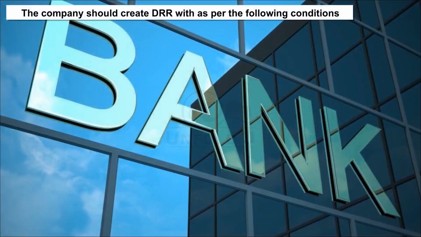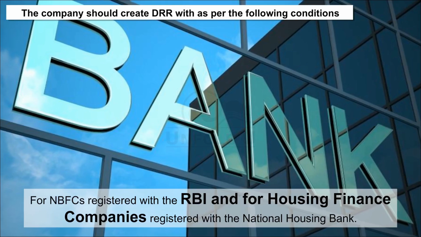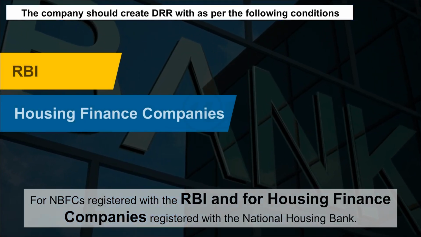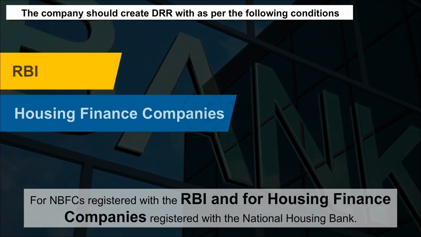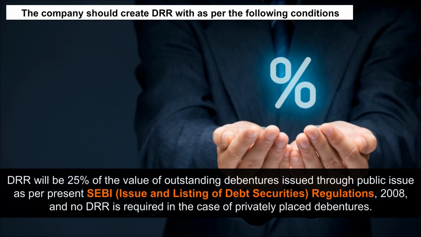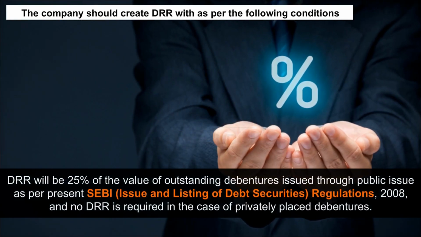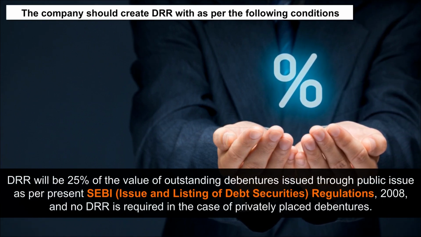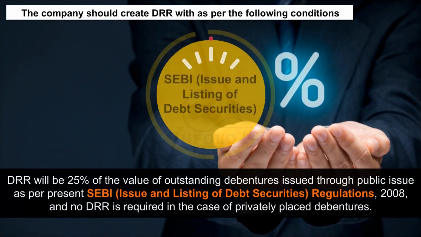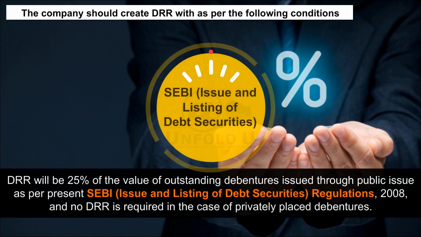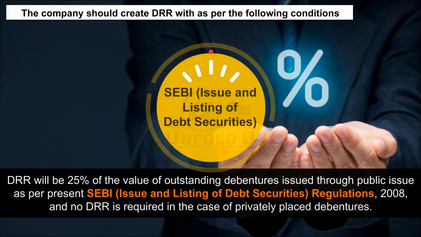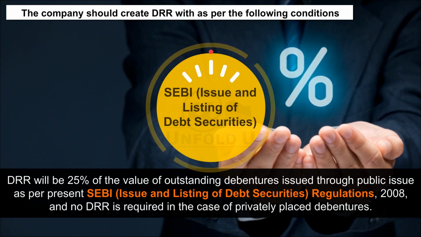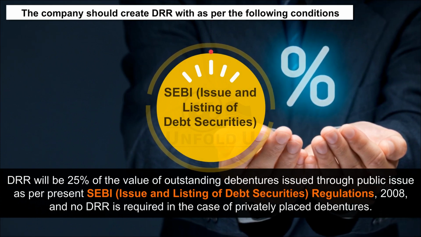2. For NBFCs registered with the RBI and for housing finance companies registered with the National Housing Bank, DRR will be 25% of the value of outstanding debentures issued through public issue as per the SEBI Issue and Listing of Debt Securities Regulations 2008, and no DRR is required in the case of privately placed debentures. 3.